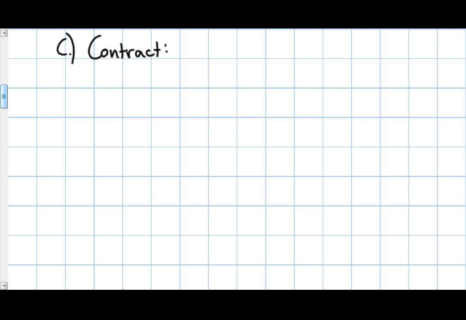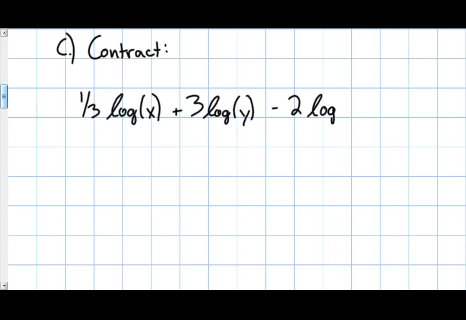So if I say contract, how about 1/3 log of x plus 3 log y minus 2 log z. Well, let's deal with these. Let's put things in exponents first. Let's take whatever's out front and make it an exponent.